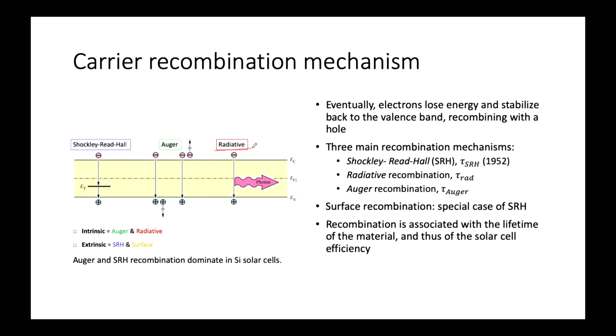Radiative band-to-band recombination is the annihilation of an electron-hole pair involving the emission of a photon. The second intrinsic mechanism, Auger recombination, is traditionally viewed as a three-particle interaction, where the energy released by the electron-hole recombination is transferred to a third carrier.